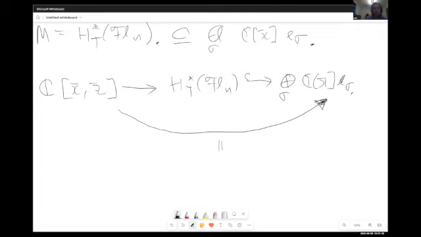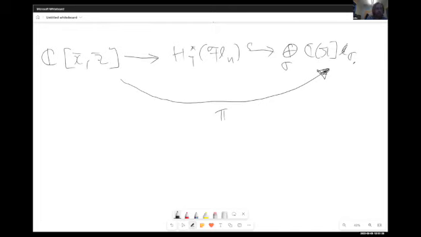And so the composite of these two maps is pi. And so what this first map is that C of x acts on HT star of the flag variety, just because this thing is explicitly described as a module over C of x.